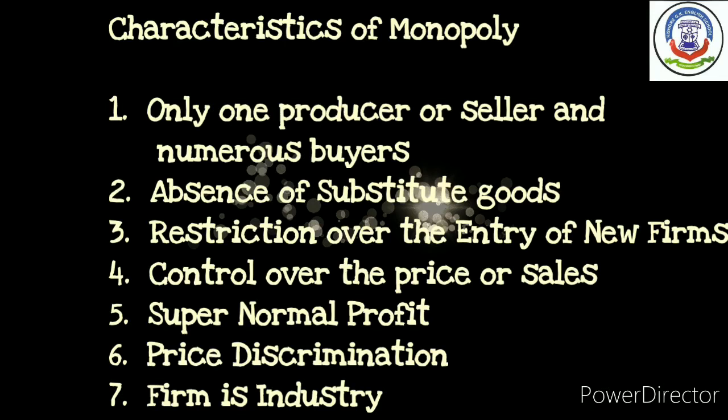A monopolist either decides the price or the quantity of production, but he cannot take both decisions. If he fixes the price, he has to leave it up to the customers how much he would be able to sell, and if he decides the quantity to be sold, he has to leave the decision of prices to the customers.